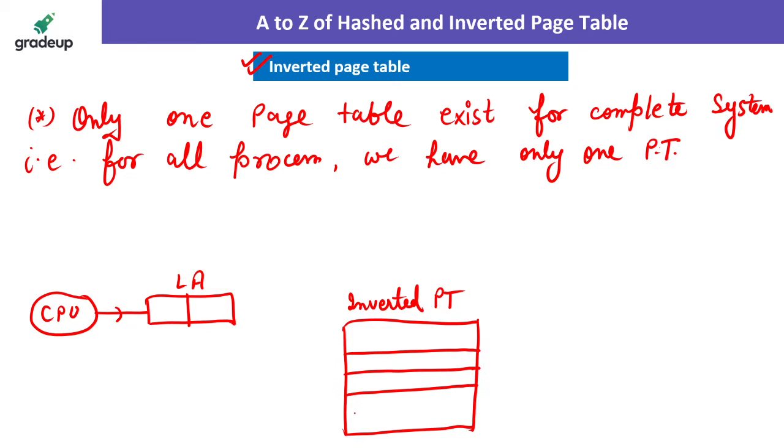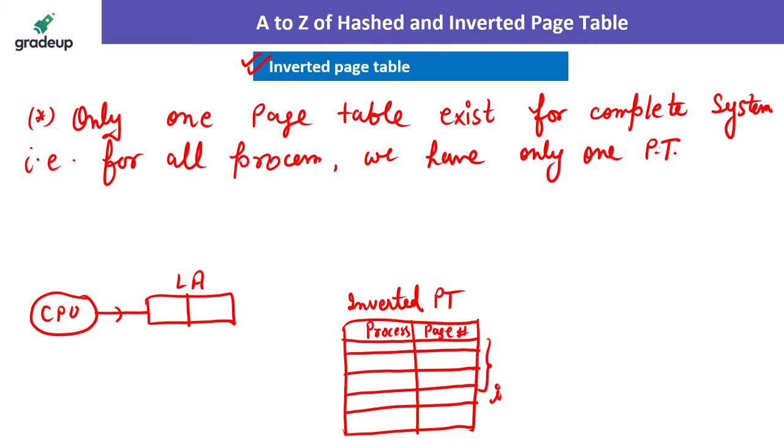Here we have the process ID and, corresponding to it, the page number, and we will take the index values.